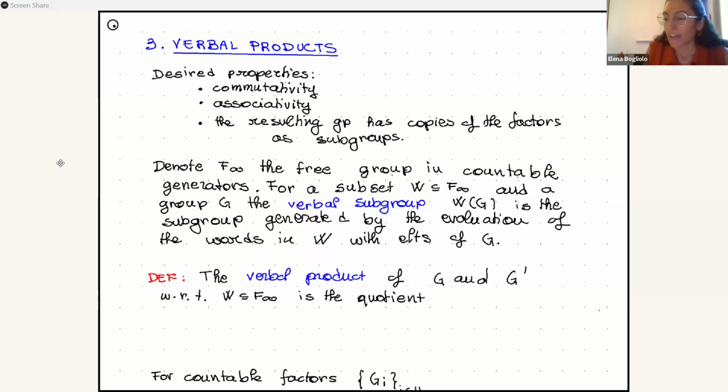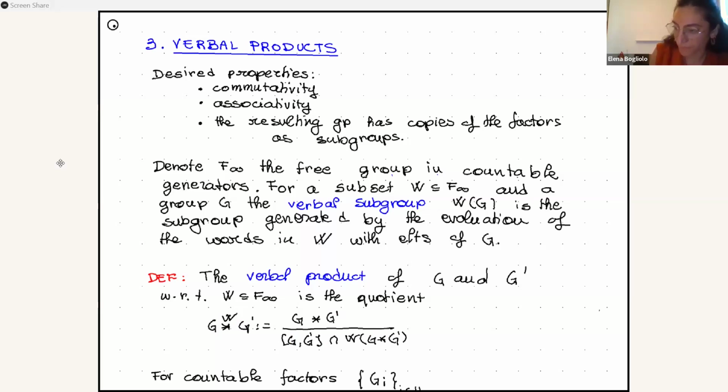Okay, now the verbal product of two groups G and G prime with respect to a subset W of F infinity, which we denote with an asterisk with W on top, is defined as the quotient of the free product of G and G prime divided by the intersection of the commutator subgroup of G and G prime and the verbal subgroup of the free product.